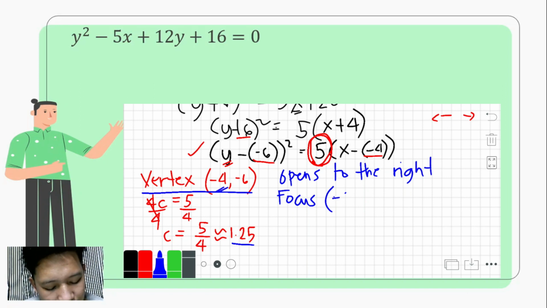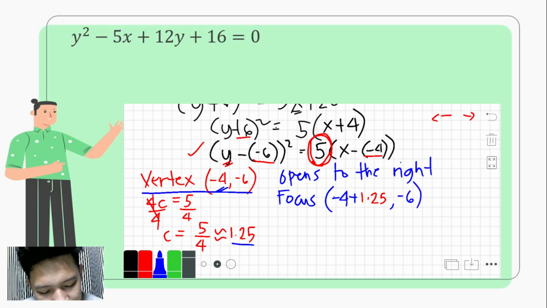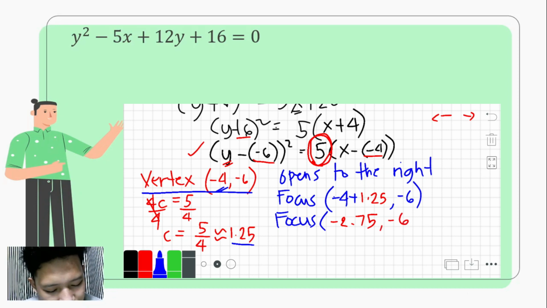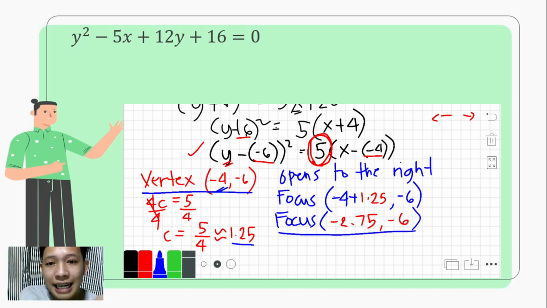So, that is negative 4 plus our c, that's 1.25, comma, negative 6. So, our focus would be at negative 4 plus 1.25. That is actually negative 2.75 if I'm not mistaken, comma, negative 6. So, this is where our focus is.